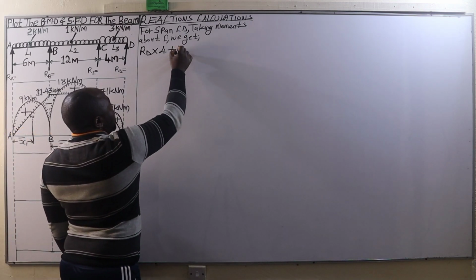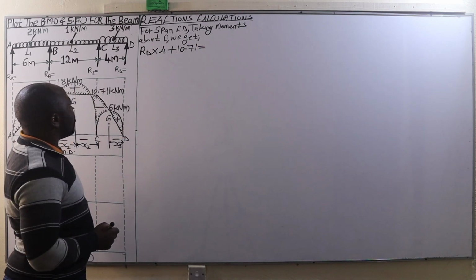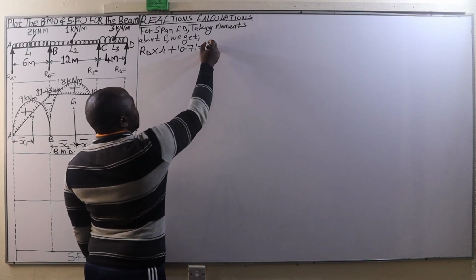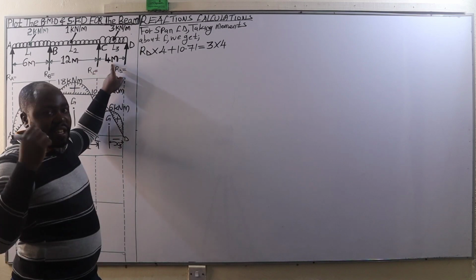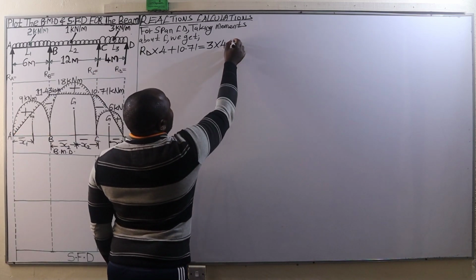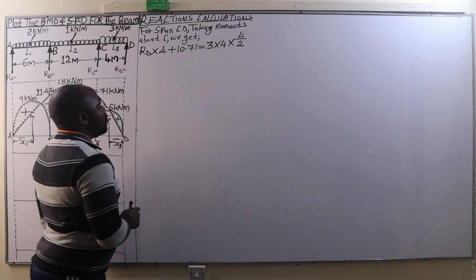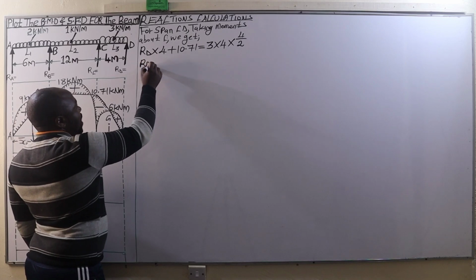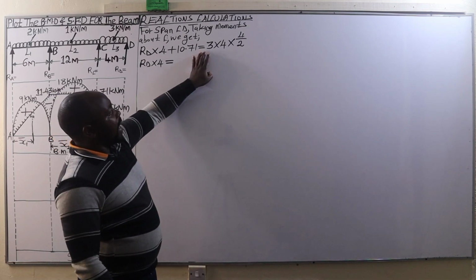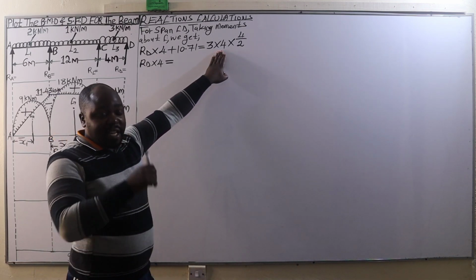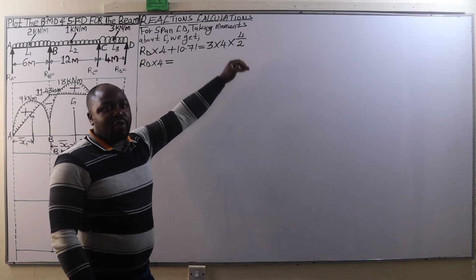So we add 10.71 kilonewtons is equal to this clockwise moment, 3 kilonewton per meter, multiplied by its span, which is 4 meters, that is converting the UDL to point load, and then it is going to act at the mid-span of C and D, which is 4 divided by 2. So this is going to be RD times 4, which is going to be equal to 3 times 4, that is 12, times 2, that is 24.